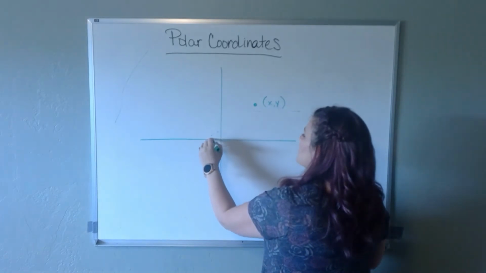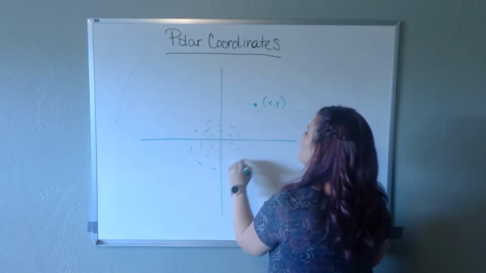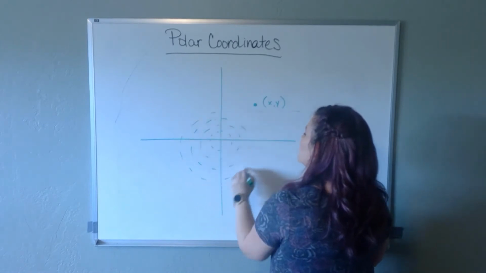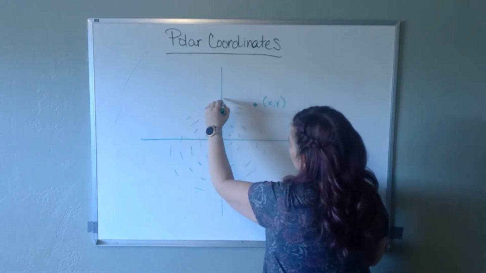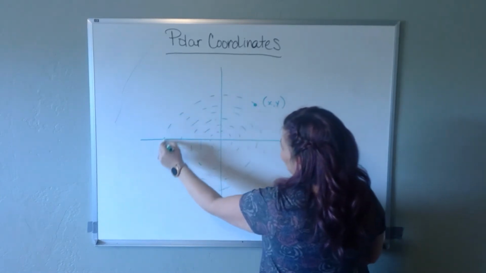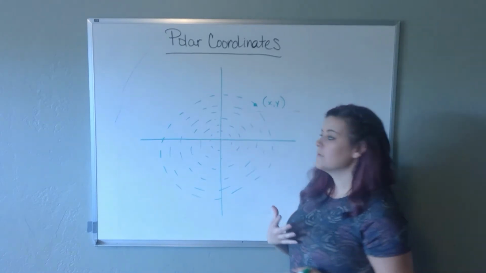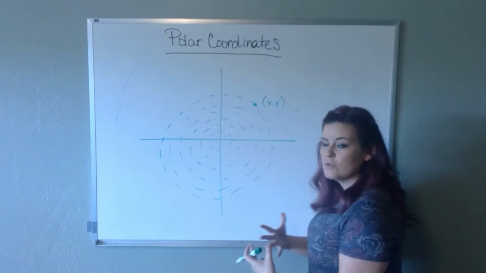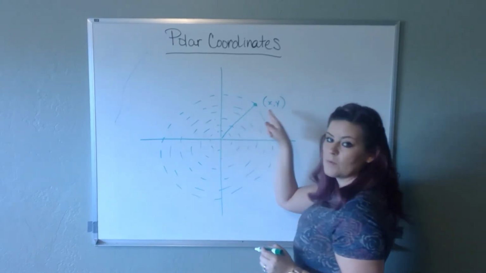So you guys think about your circles being your R values, and we keep going out. So you've got all these circles if we were in the polar plane. What do those circles do? They tell you how far from the origin this point is.